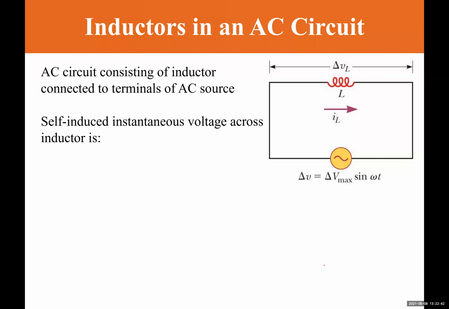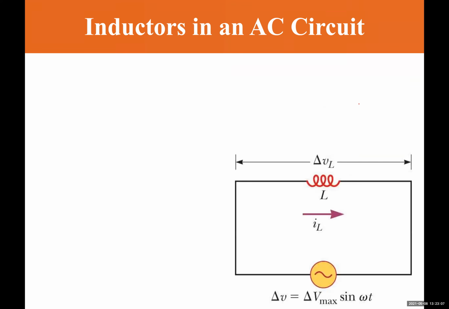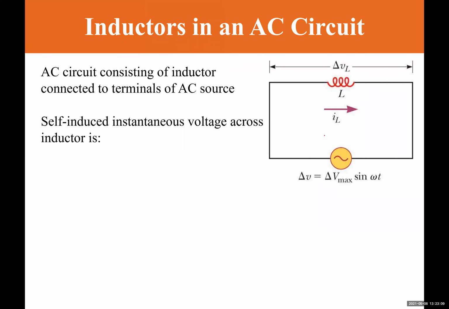All right, so let's look at an inductor. That means our circuit, instead of a resistor, has an inductor connected to the function generator. Now, in this case, if you have an inductor, then again you can look at it by doing Kirchhoff's loop rule.